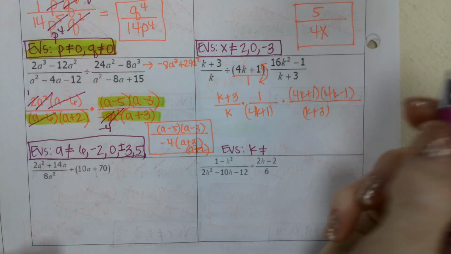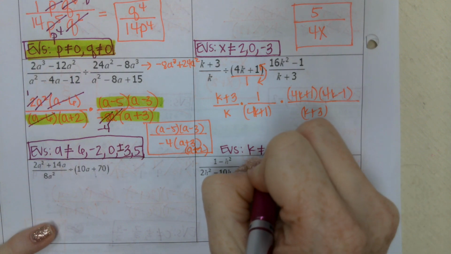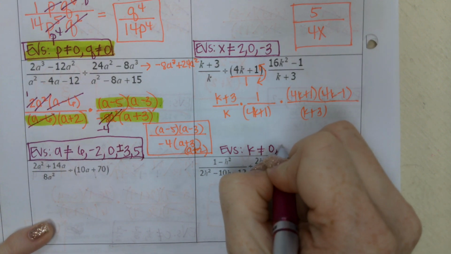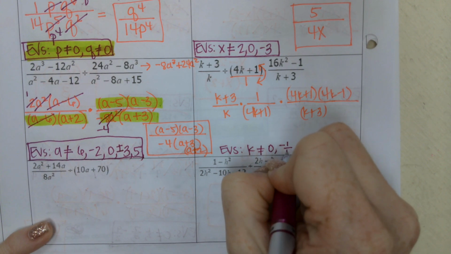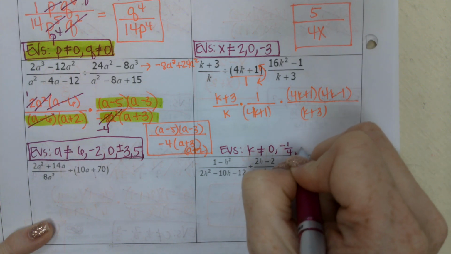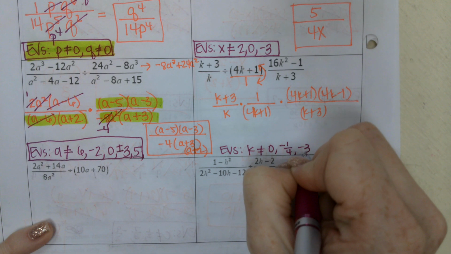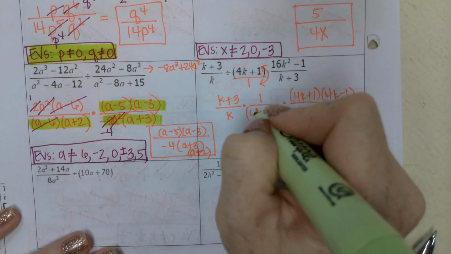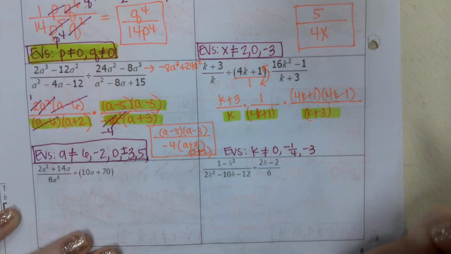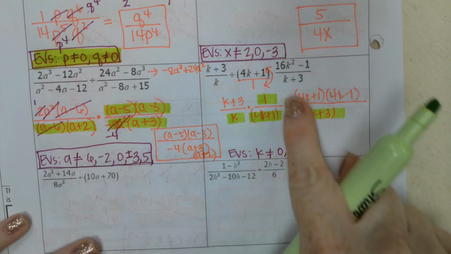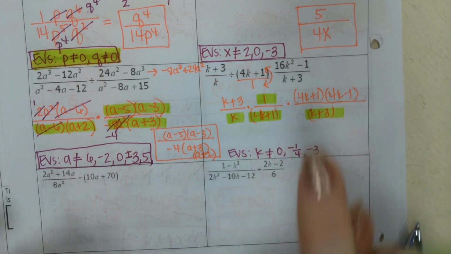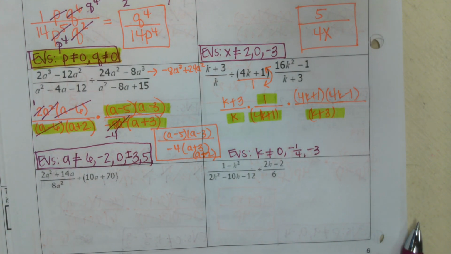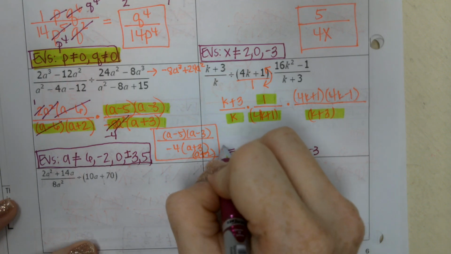What can k not equal? 0. Negative 1/4. And negative 3. Now, right here, this is what followed the division, right? So I would also have to consider that one's numerator, but there's no variable there, so just pass over it.